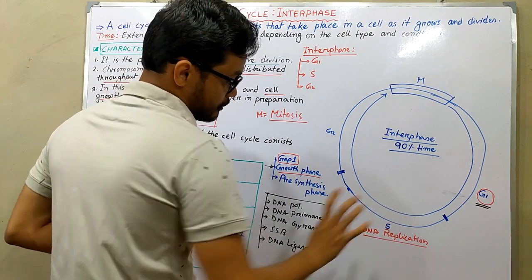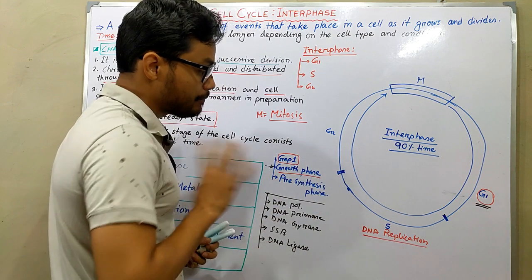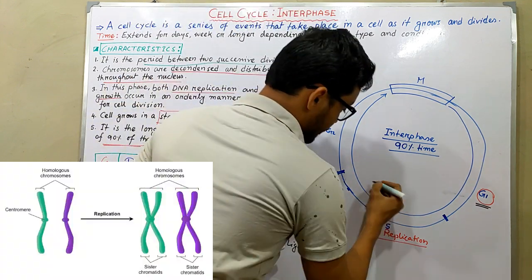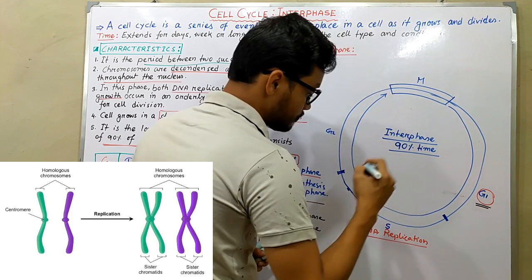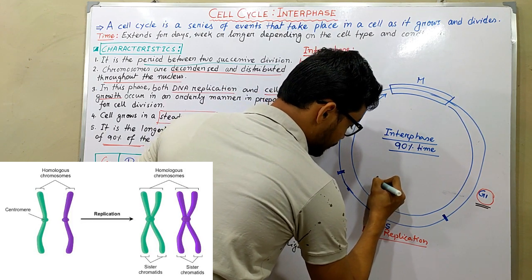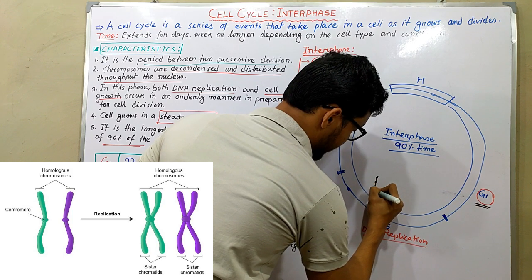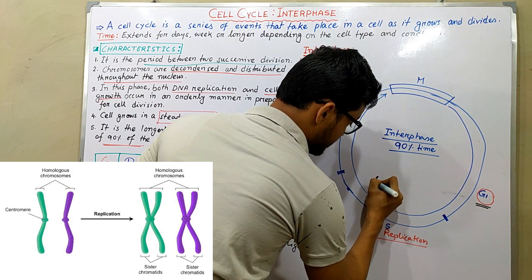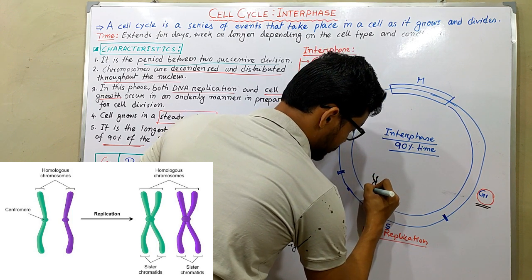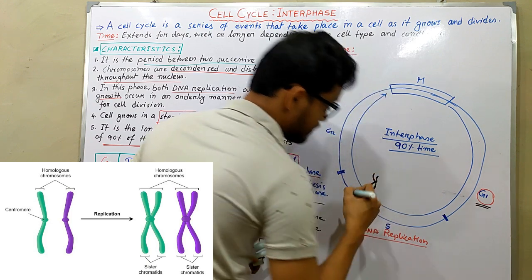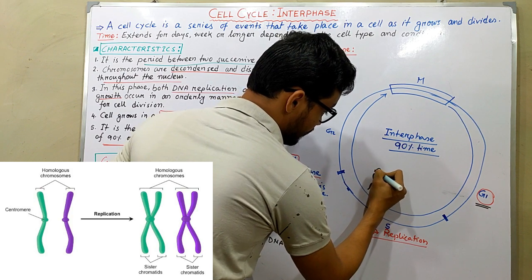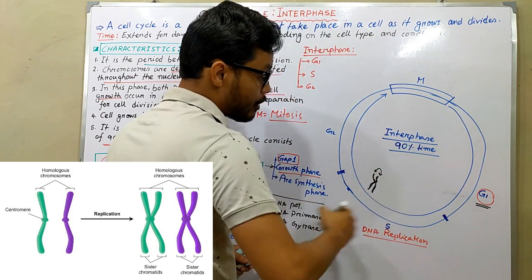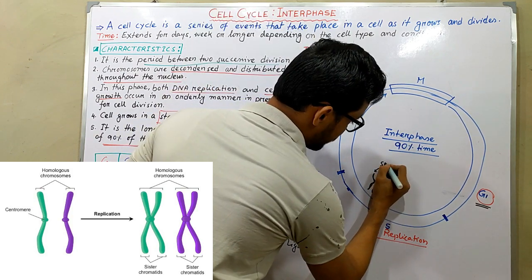Next one is the replication phase. Here DNA replication takes place as sister chromatids are made, meaning one particular chromosome replicates and produces its identical twin, an identical copy. These identical copies are known as sister chromatids.